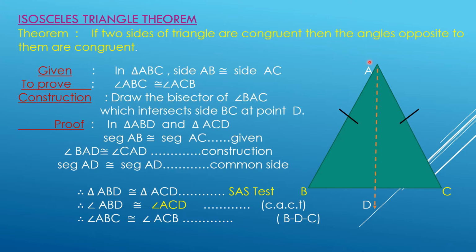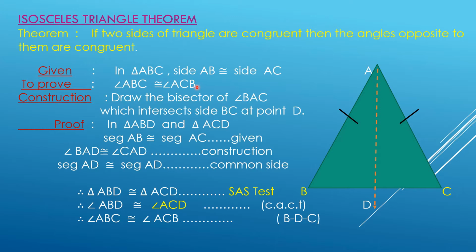First you have to draw the triangle ABC and then write what is given. In triangle ABC, side AB is congruent to side AC. To prove: angle ABC is congruent to angle ACB.